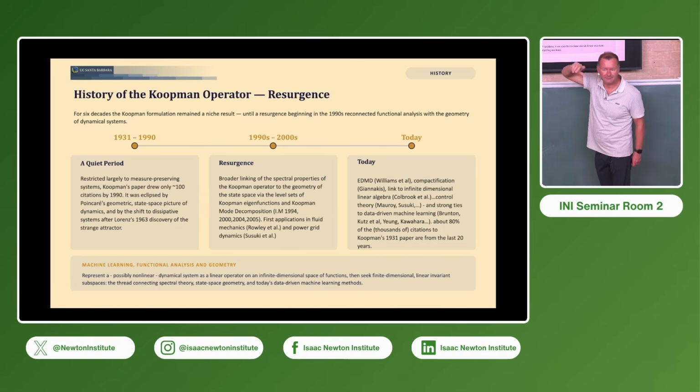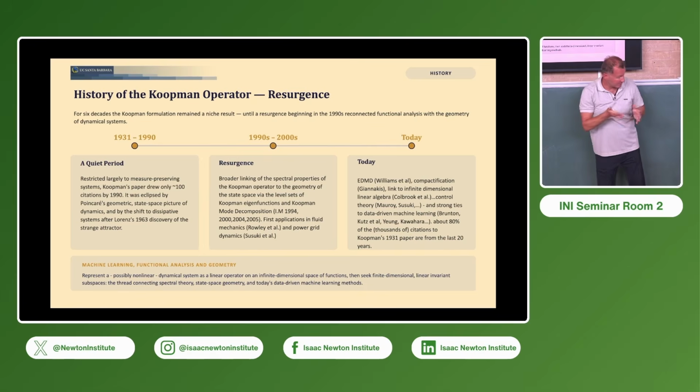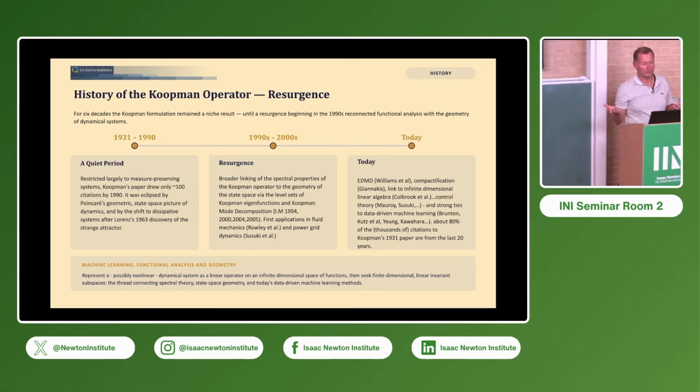Claire is here somewhere. And then now it's kind of a big thing in control theory, with strong ties to data-driven machine learning. Steve, Nathan, Enoch Young, Kawahara, and others. And about 80% of the thousands of citations to Koopman's paper are actually from the last 20 years.